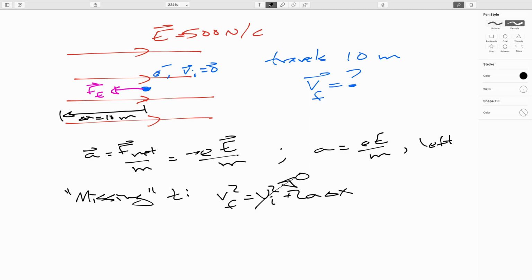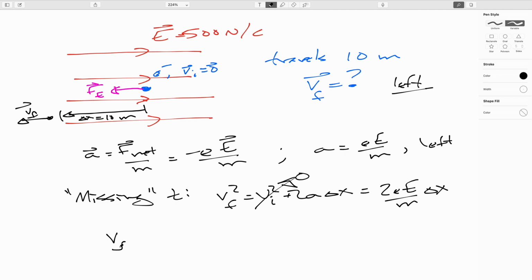So we already know that in order to have gone to the left, it must be that V final is pointing to the left. So we've got our direction, left. We just need to get the magnitude. We have the magnitude of the acceleration, so it'll be 2eE over m delta x.